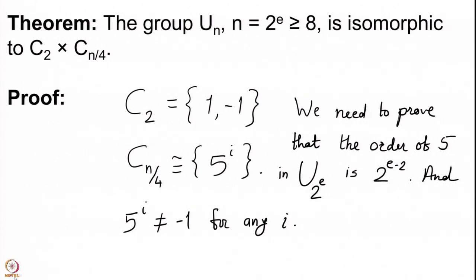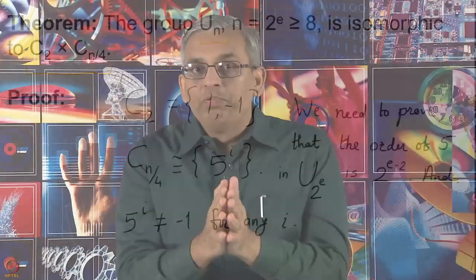When we talk about two groups being isomorphic, one group U_N being isomorphic to the product of two of its subgroups, this is what is called the internal direct product. You have one group, a finite group preferably, which we have here, and then there are two subgroups sitting in them.